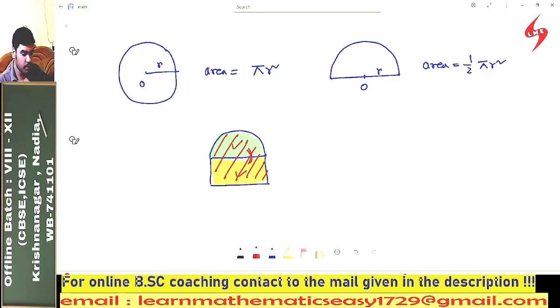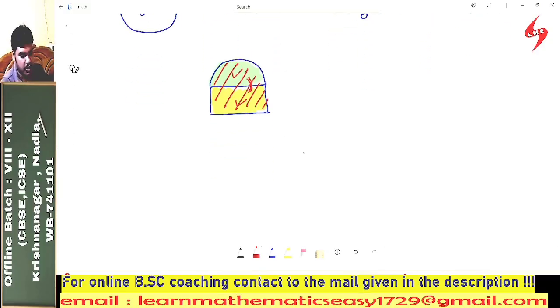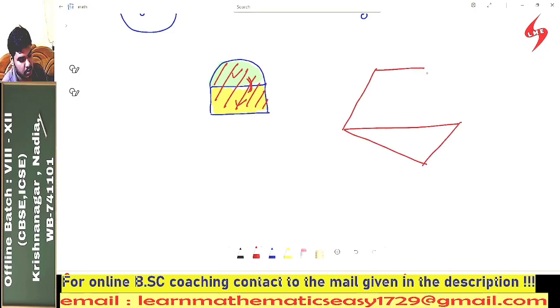Now another topic: if I have a figure like this, how can you find the total area? You may notice that this portion is a trapezium, and this portion is a triangle.